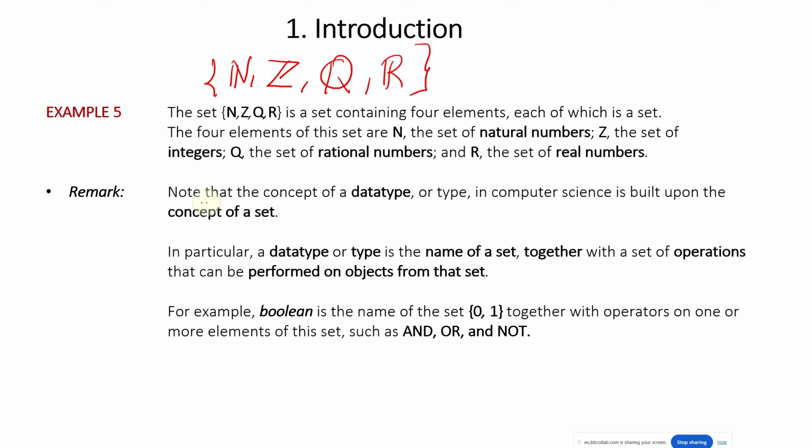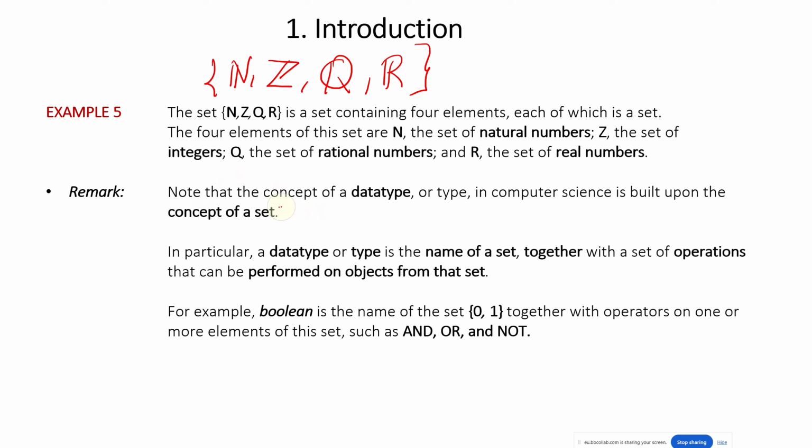So the set of rationals, reals, and so on contain these types of elements, because each one of them is a type. Note that the concept of data type is built on sets.